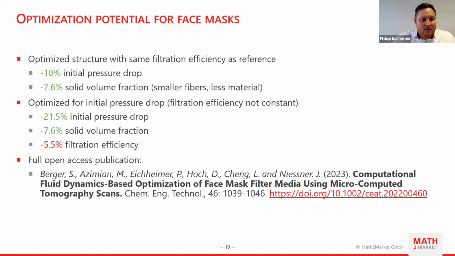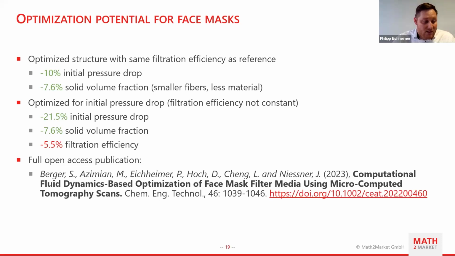And then on the second point, which we discuss here, when we say, for example, the filtration efficiency might change, we can get better or can even get worse. We could, for example, even optimize for 21.5% less initial pressure drop and have also less material. But of course, on the bad side here, we see also that the filtration efficiency decreased.